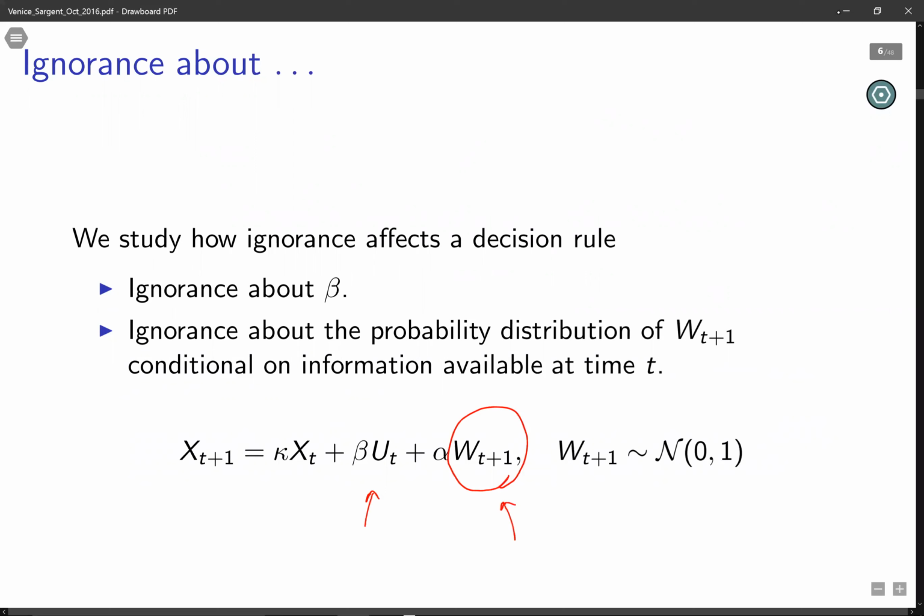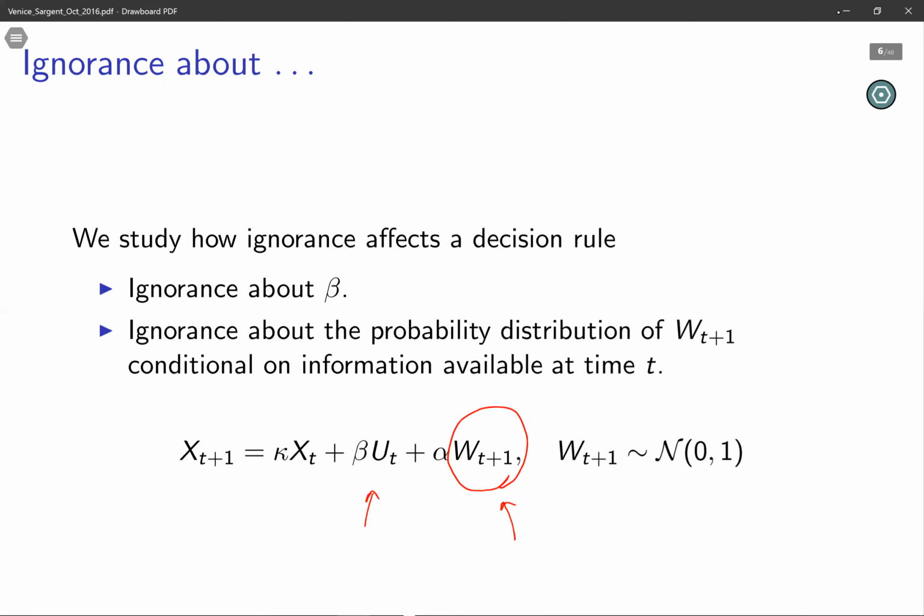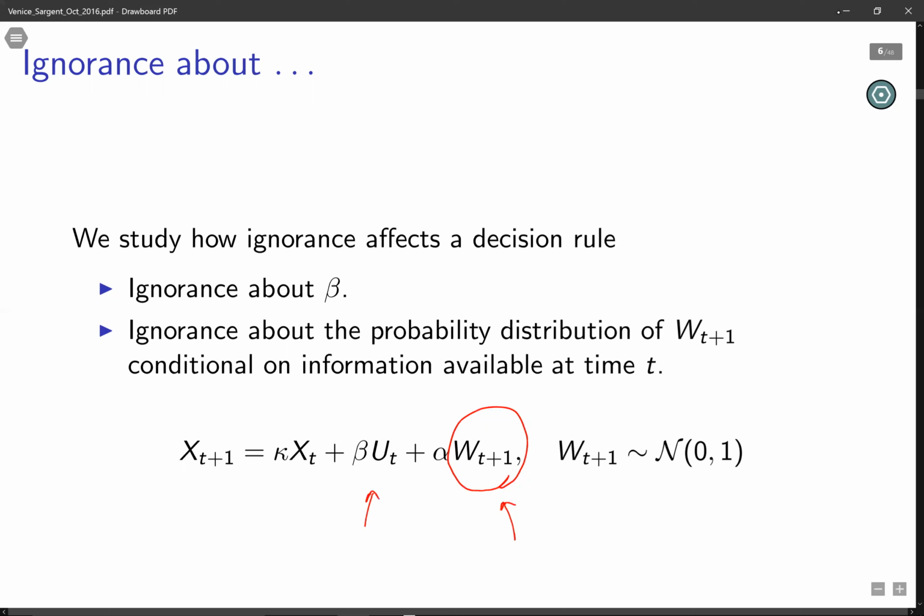And notice that ignorance about the distribution of W, if I change the conditional distribution of W, say I make it depend on the history of the X's, and I make it depend on it non-linearly, changes the dynamics of the model that we want to control drastically.